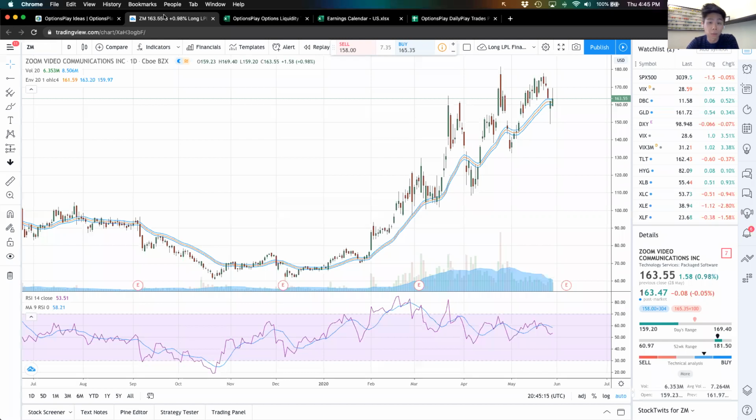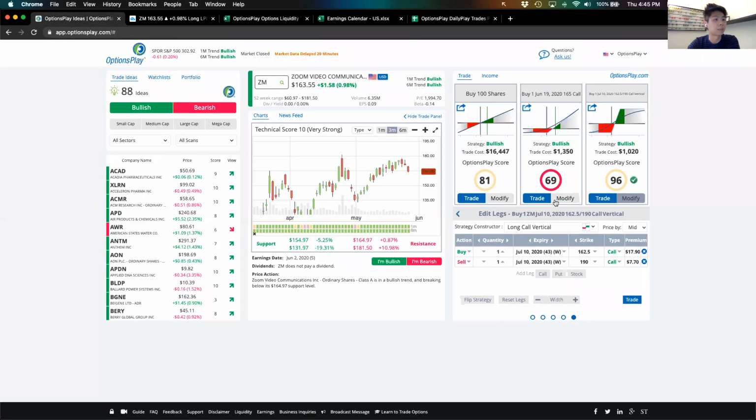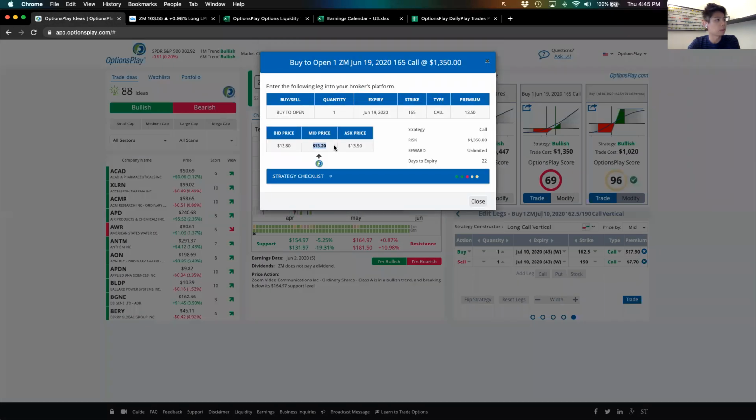That's what determines the value of an option. Now, liquidity will change a different thing. So let's say the midpoint on this call option right now is $13.20. You can think of the midpoint as the value of the option. What liquidity affects is how wide the bid-ask spread is.